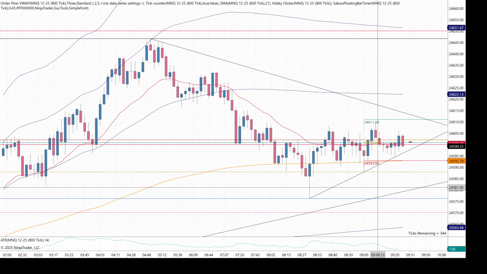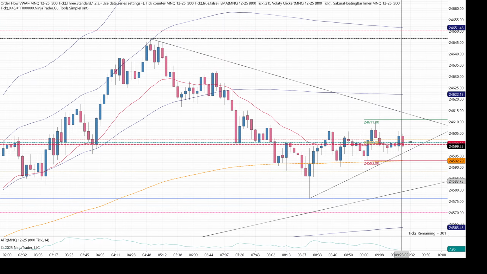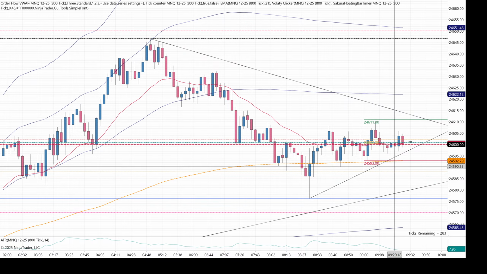And to be honest, it can probably go either way here. I think that's good because we have the VWAP level here, and we also have this upward trend line here.